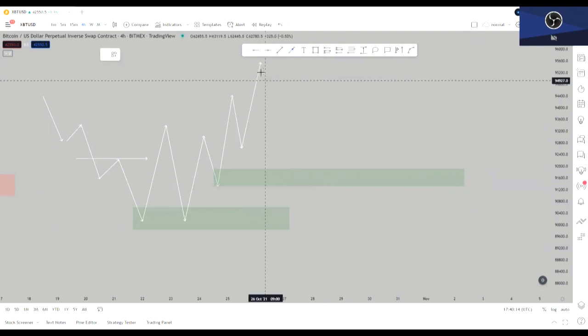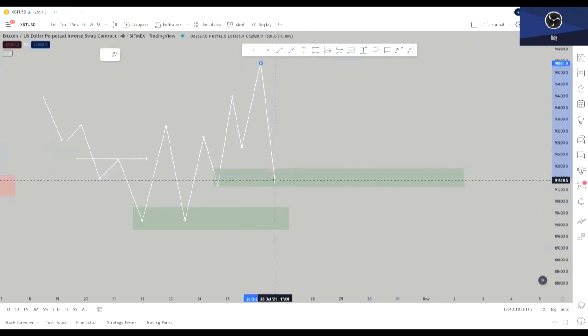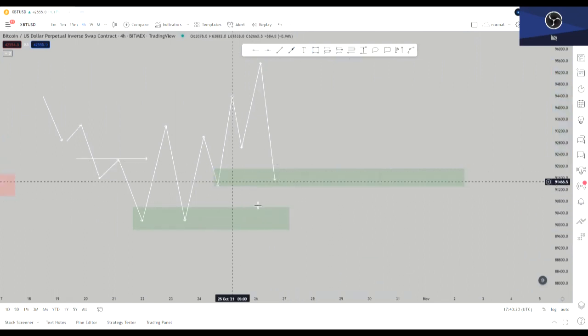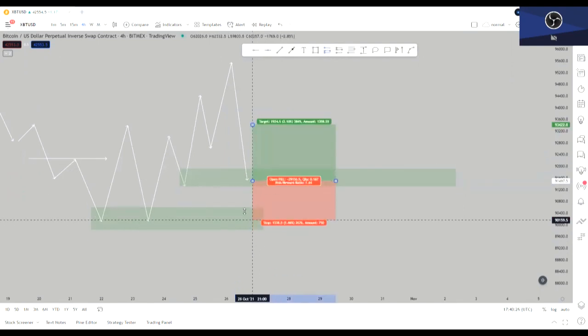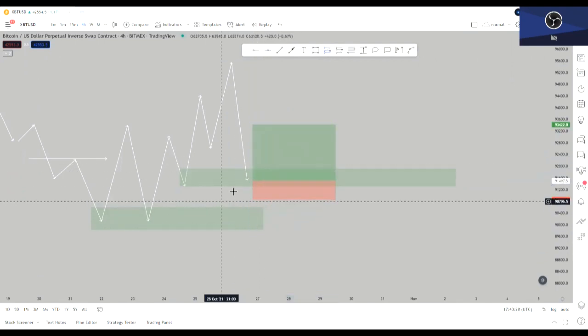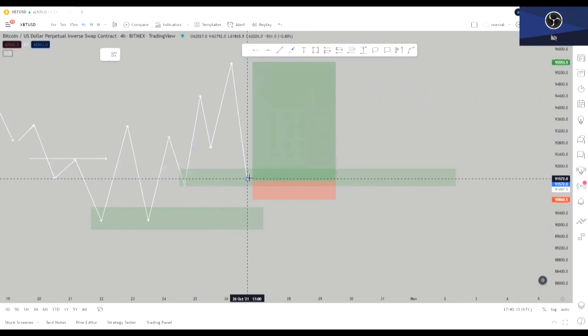If price should retrace back down to this freshly created demand level, we wait for the same entry signals as we wait for on all our trades, look for the same target, and then look to take that trade into the next structural point.